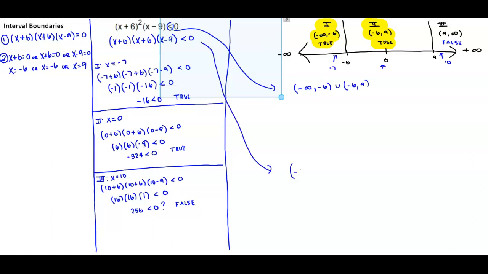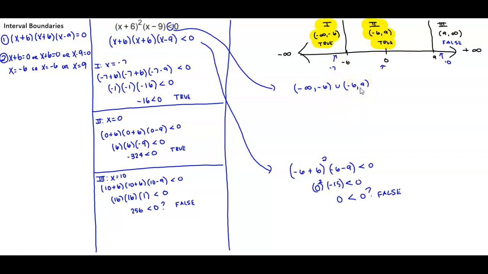If we plug in negative 6 and add 6 and then square it, and then take negative 6 and subtract 9, what happens? This gives us 0 squared, and 0 squared is 0, and is 0 less than 0? That's false. So we cannot include the negative 6, which is the reason why we need to write this in 2 intervals, so that negative 6 is not included.